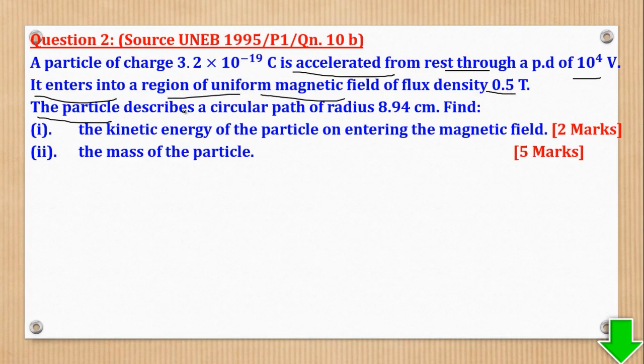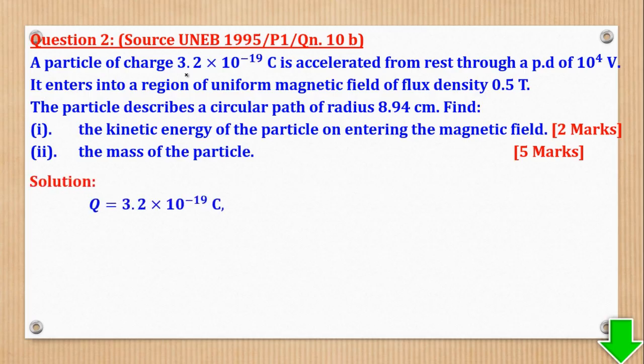The particle describes a circular path of radius 8.94 centimeters. Find Roman 1 the kinetic energy of the particle on entering the magnetic field, and Roman 2 the mass of the particle.